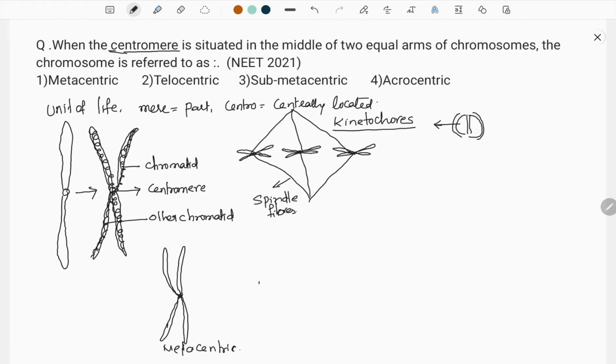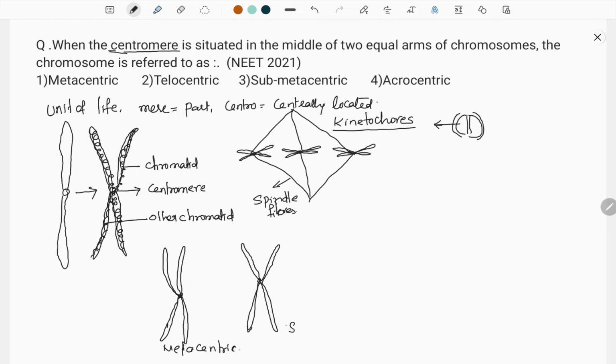Another one where we find that the centromere is a little bit away from the center, not exactly in the center. So we find that here one arm is a little bit longer than the other.